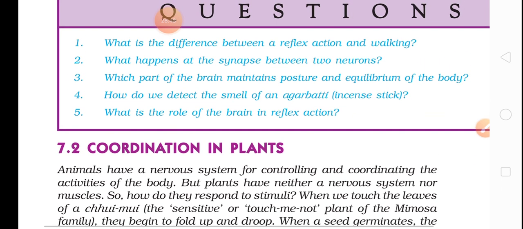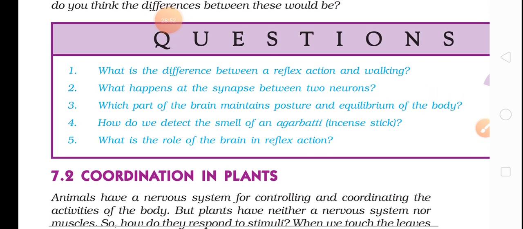So with this I have finished, but see the questions which they have shown, just write their answers. What is the difference between reflex action and walking? What happens at the synapse between two neurons? Which part of the brain maintains posture and equilibrium of the body?